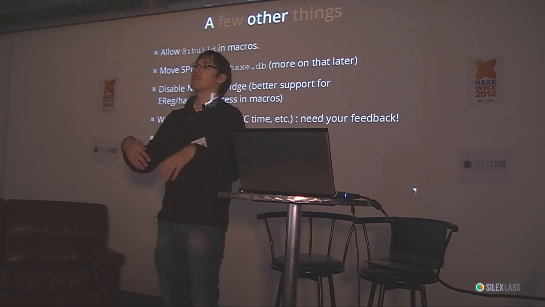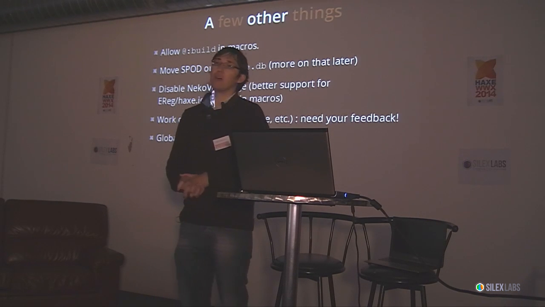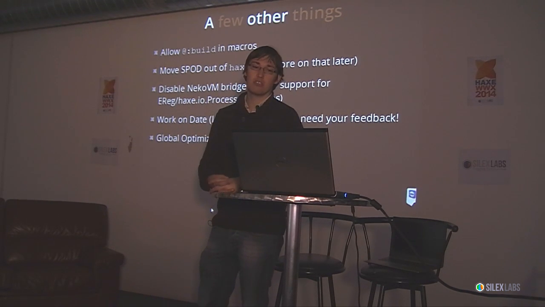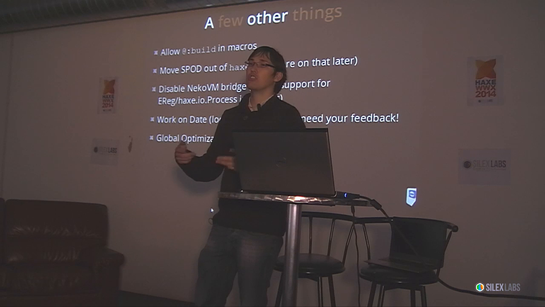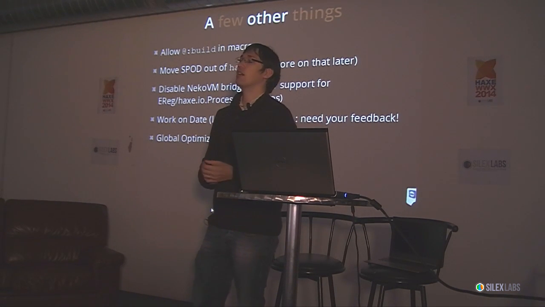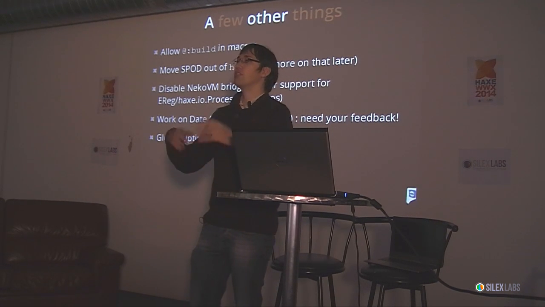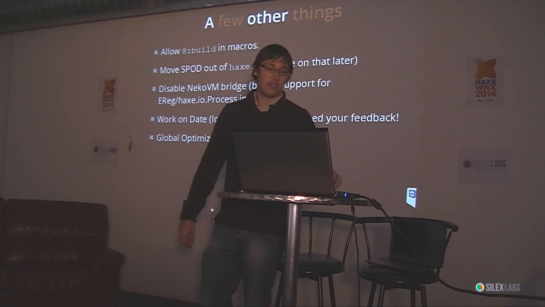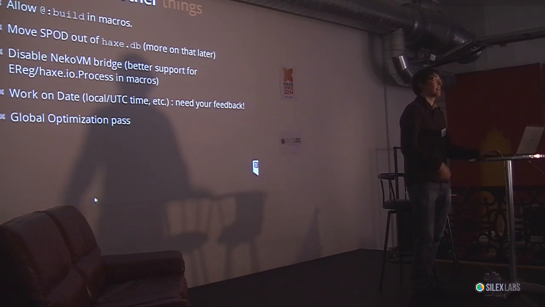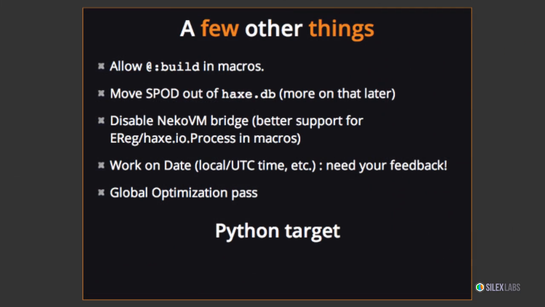So you can have this kind of high-level and quite performant optimization. Sometimes the just-in-time compiler, depending on the platform you're running on, will do that for you, sometimes not. So we want to ensure that it will be done anyway using a global optimization pass. And there are some things we can optimize that the just-in-time compiler cannot, because we know more about the code we are generating than the just-in-time compiler does.